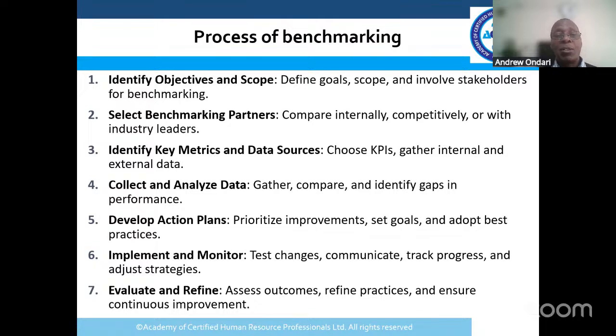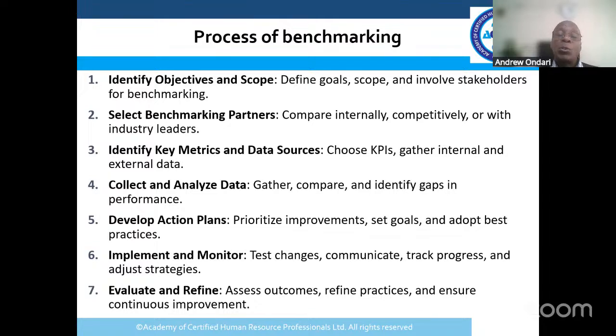Secondly, we identify the benchmarking partners. And again, this depends on which type of benchmarking we are undertaking. We have said that there are about 5 types of benchmarking. If I may go over them again: 1, internal benchmarking; 2, functional benchmarking; 3, competitive benchmarking; and 4, strategic benchmarking.